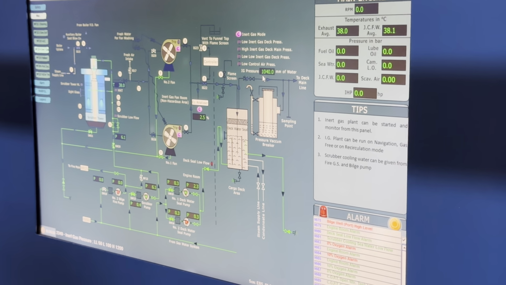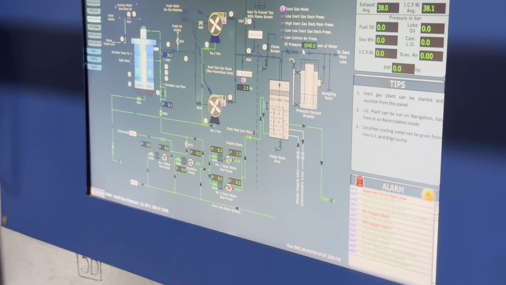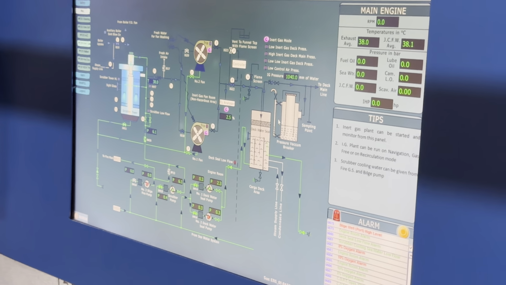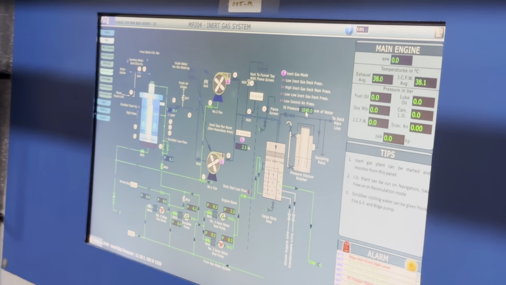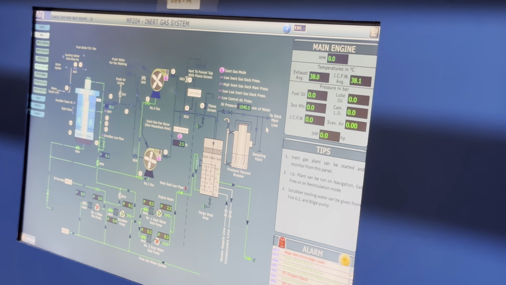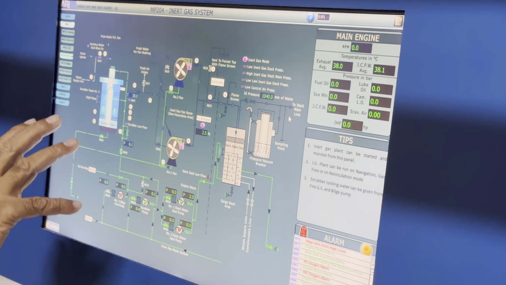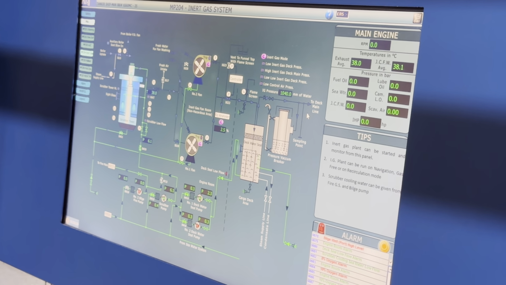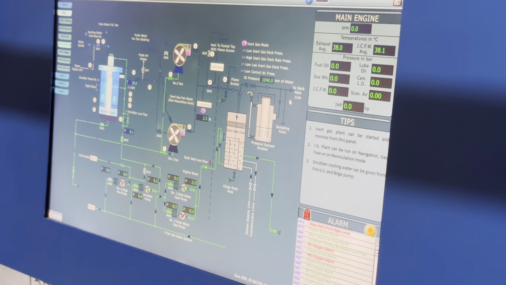Because when the cargo is going out, that empty space is replaced by IG. If IG is not enough in pressure or volume, that's why the IG fan capacity is 1.25 times, or you can say 125%.